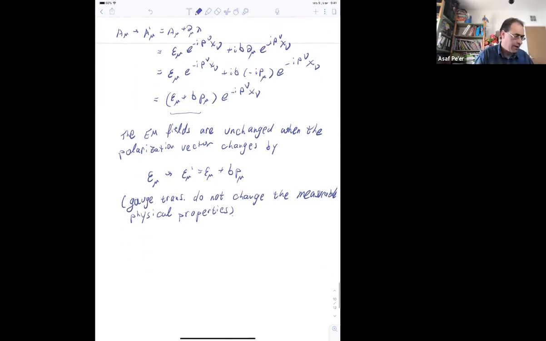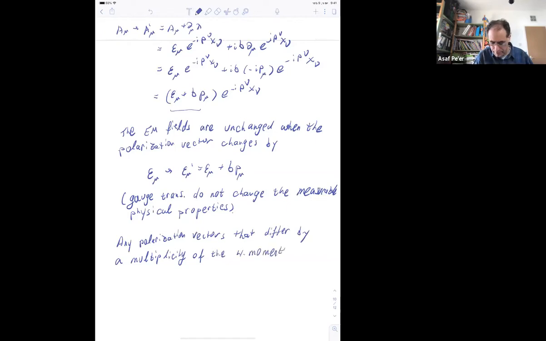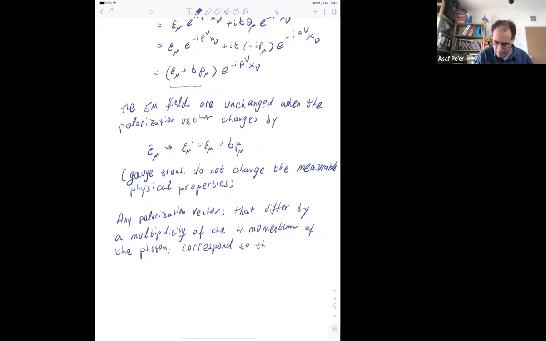Say it again in words: any polarization vectors that differ by a multiple of the four-momentum of the photon correspond to the same physical photon. That is what it means.